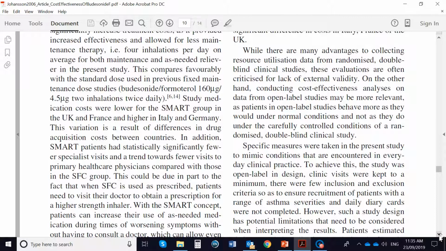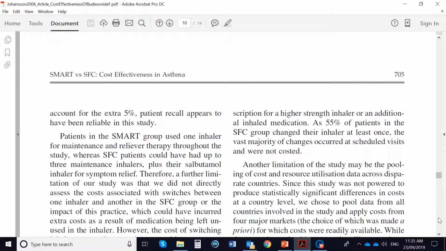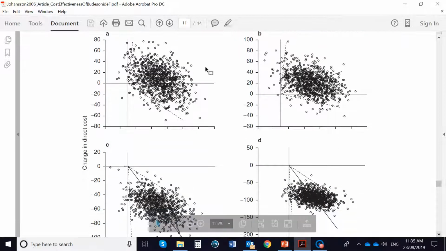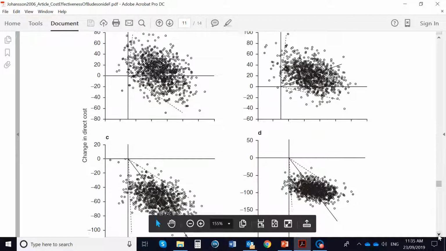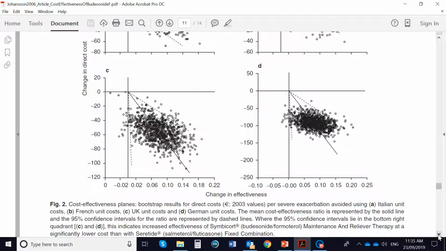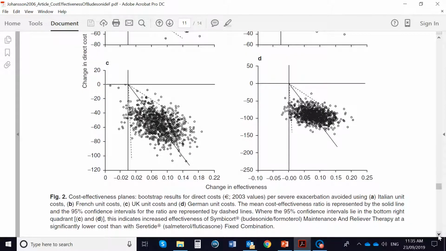But in terms of sensitivity analysis, have a look at whether they did it or not. My understanding is they haven't done it. The good thing is that they have done the four different countries chart. You can see that they have done the UK, French, German, and Italian.